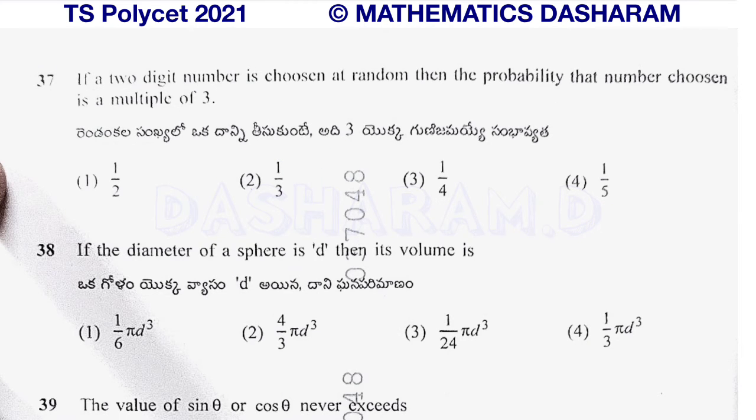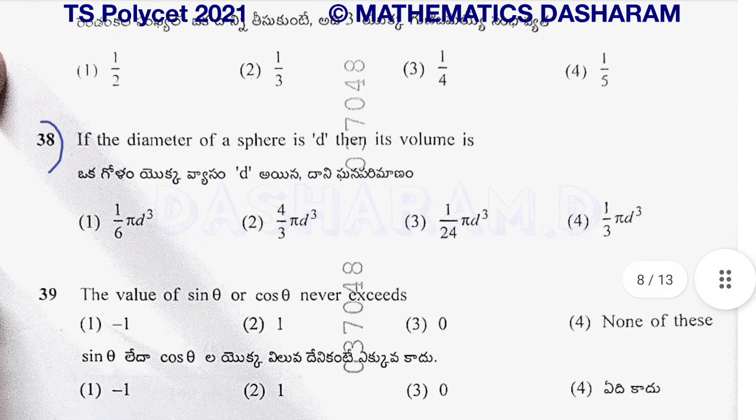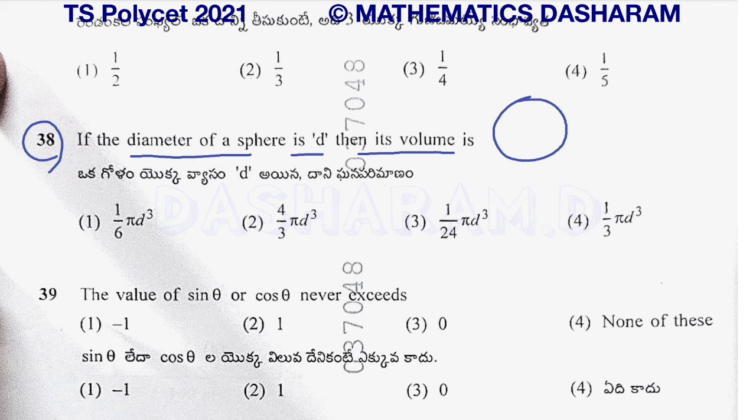Next, question number 38. If the diameter of a sphere is d, then its volume is. Actually, the volume of a sphere, with a sphere diagram, the volume formula is 4 by 3 pi r cube. But the answer should come in terms of the diameter.